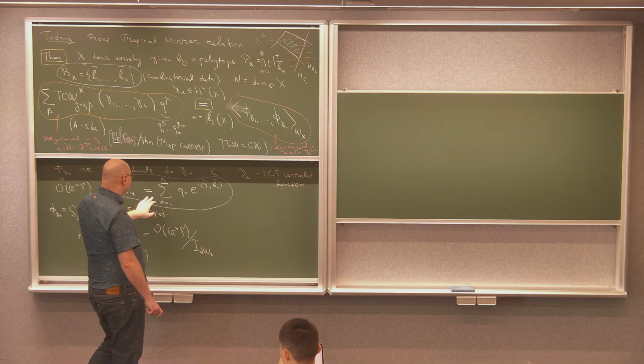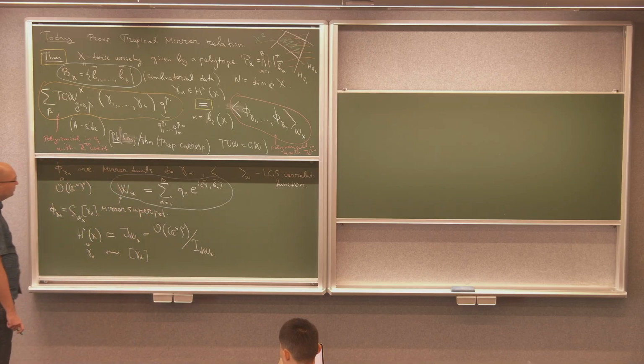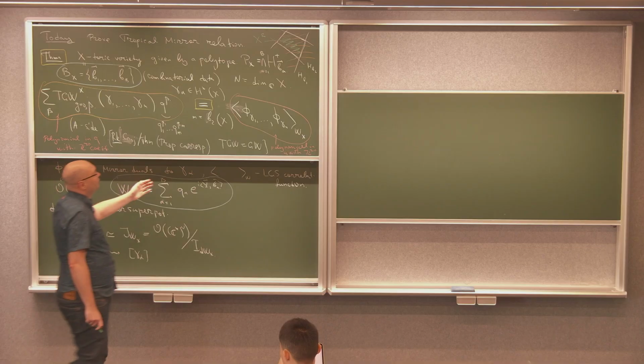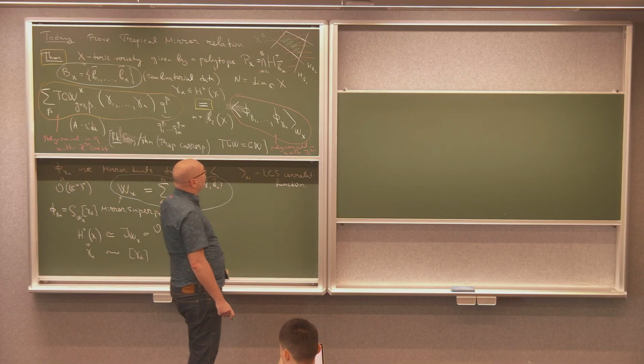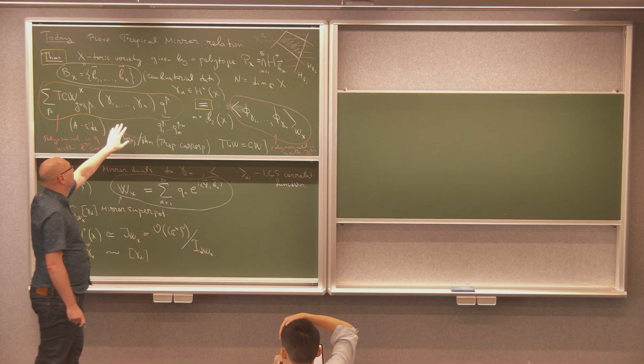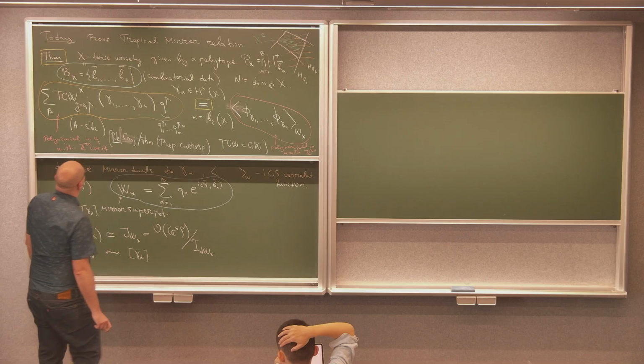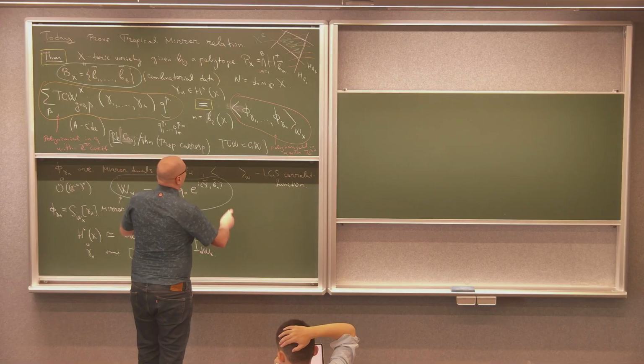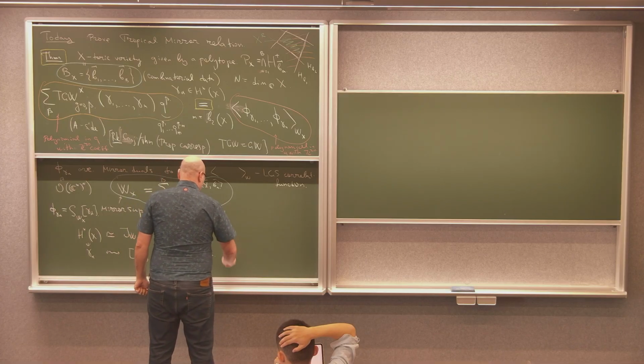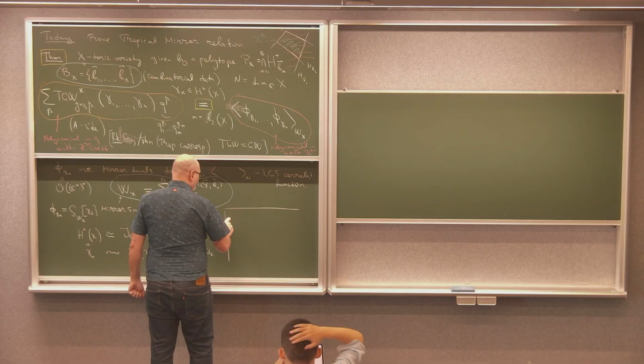to derive the mirror superpotential. So we essentially want to derive data in the Landau-Ginzburg-Saito model starting from data in tropical Gromov-Witten invariants. So let me work here.